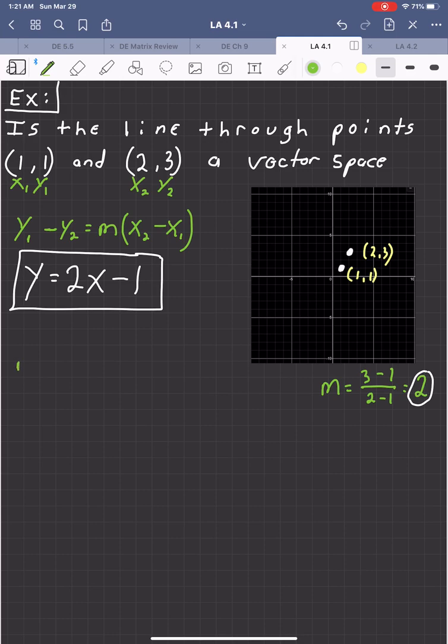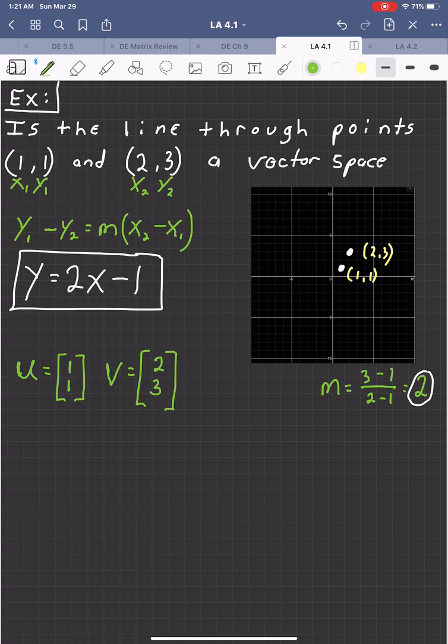But I'm going to assume that I have forgotten my own advice. So how might this work? Well, let's take u. That's going to be a single point on that line. I'm going to let u be (1, 1). And then I'm going to take v, which is another point on that line. Doesn't matter what point. I'm going to choose (2, 3). Okay.